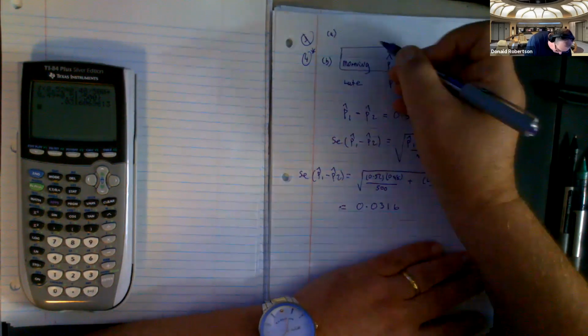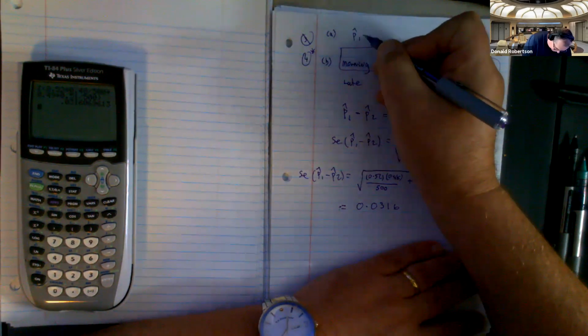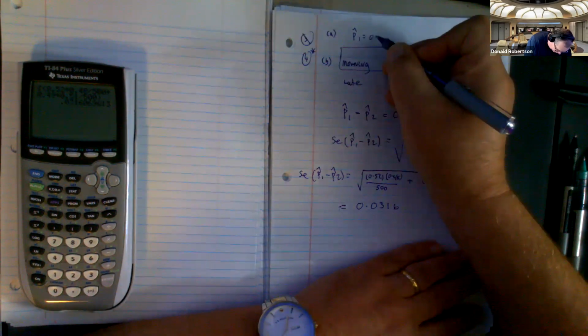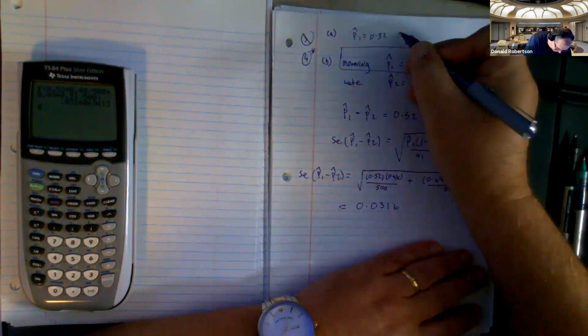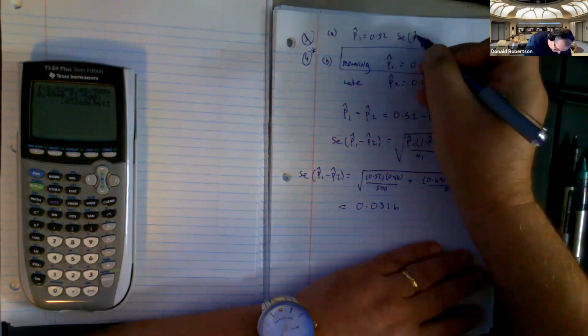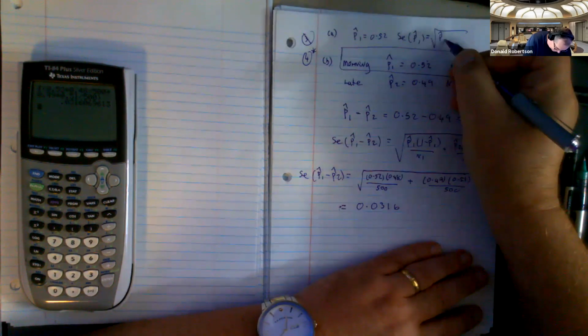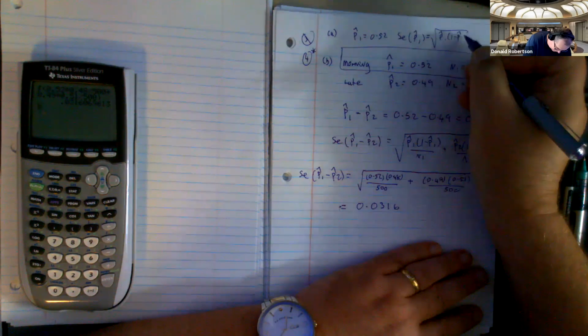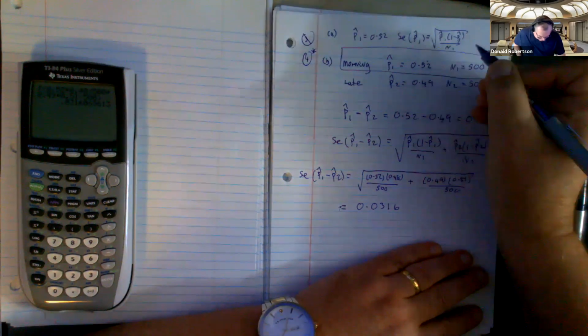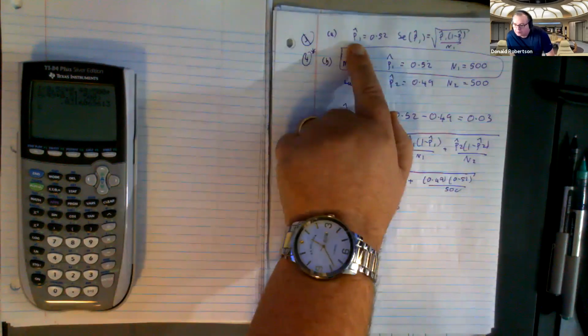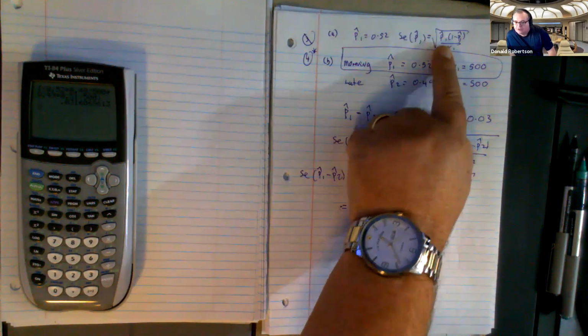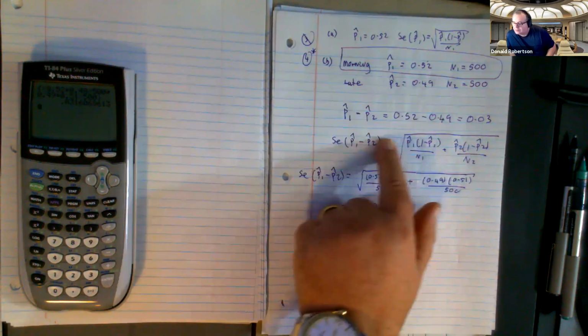So can you imagine that that fella would be 0.52 and that the standard error of just one guy would be this calculation here. So in question A, you're only going to do it for the first group. In question B, you do it for everybody else.